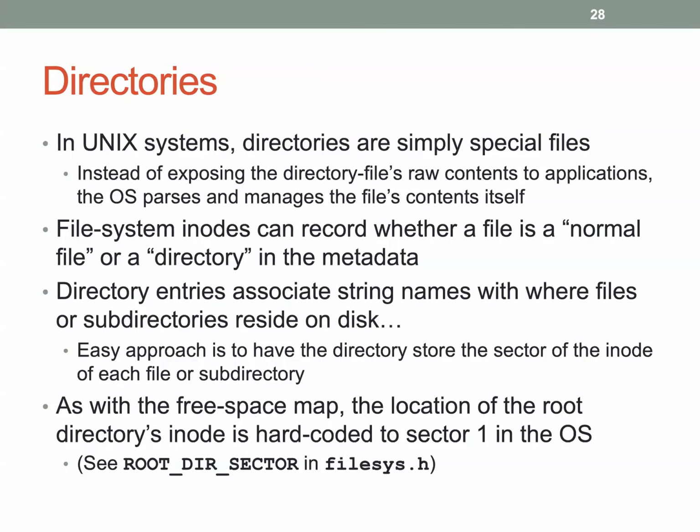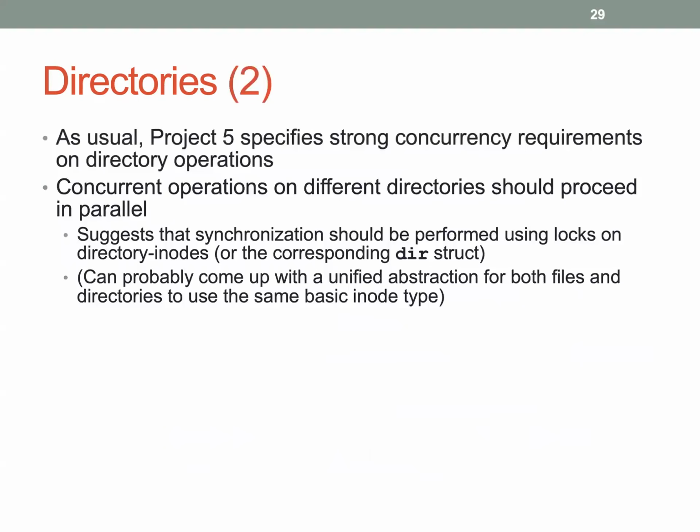That basically is all you really have to do when you're trying to figure out how to do a directory. That's actually how Unix does it as well. When you open a directory, scan a directory, it's a file on the disk with special semantics about how the contents are interpreted.